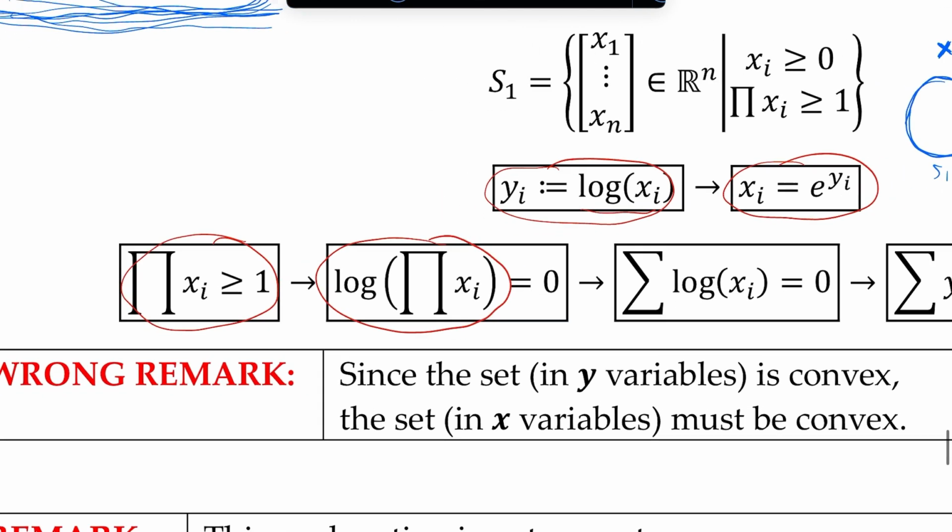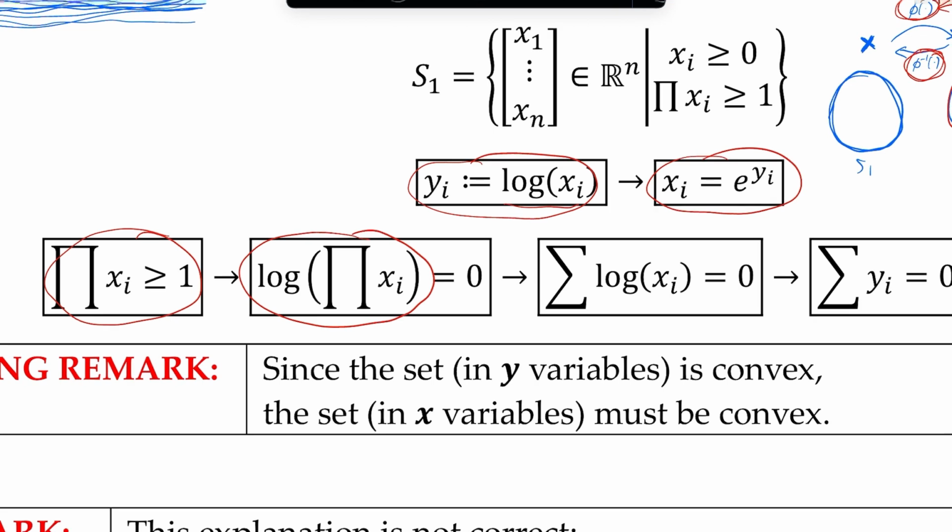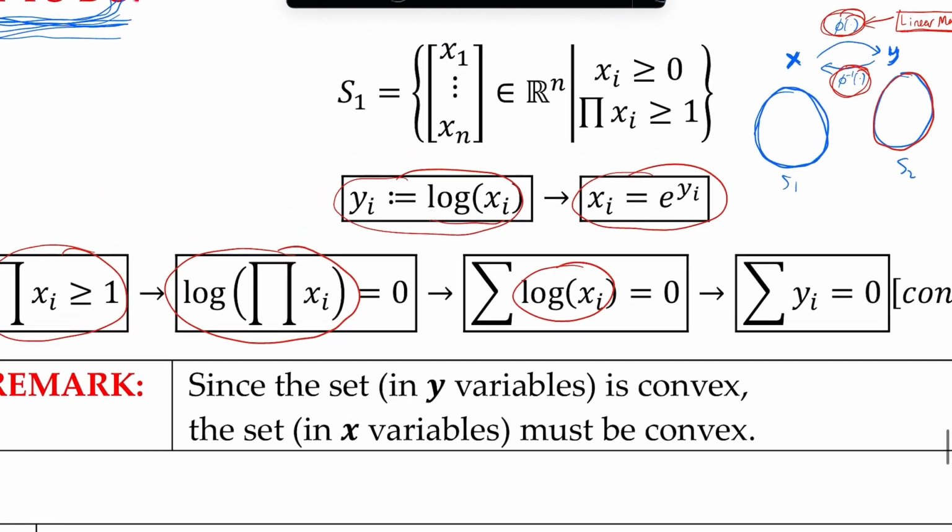I am taking the log of it, right? Actually, I feel like there's something wrong. Wait a second. Instead of this, I should have... Oh my god. Wait a second, is that correct? Instead of x_i, I should have written e to the y_i. Okay, and then that corresponds to x_i, since this is e.